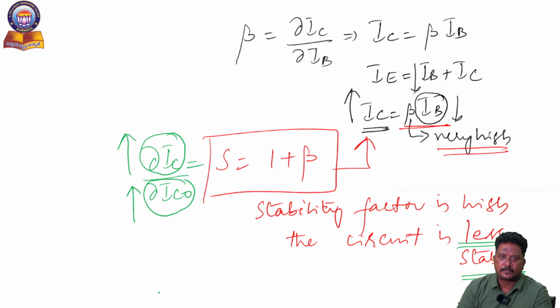Now we will try to find out the stability factor of each circuit. This is the basic definition of a stability factor, but according to the common emitter configuration, we will try to find out once again what the stability factor defines.